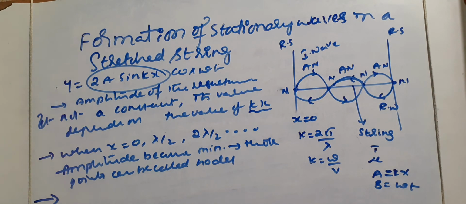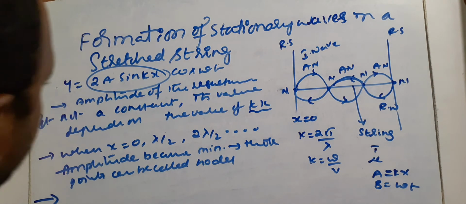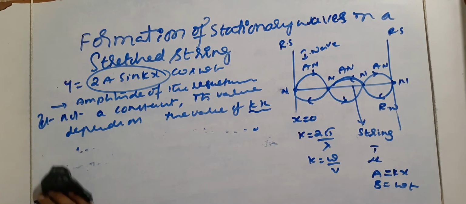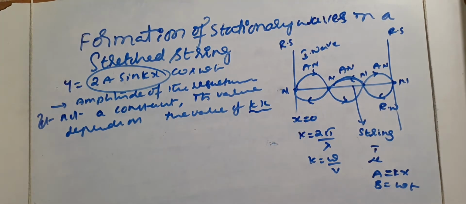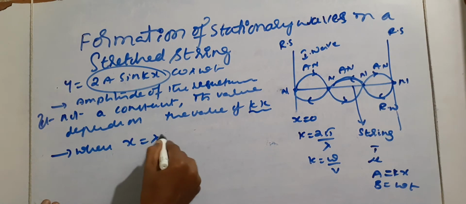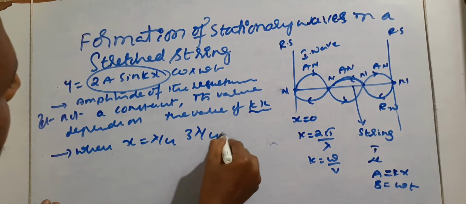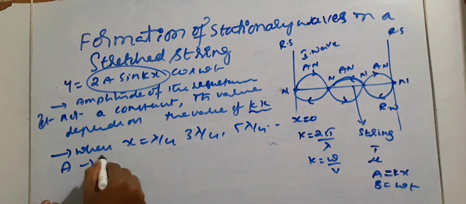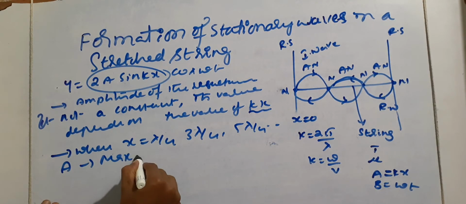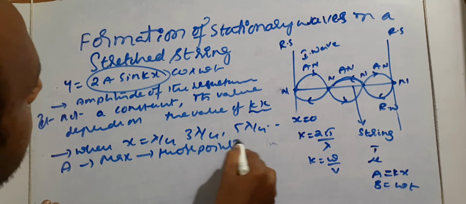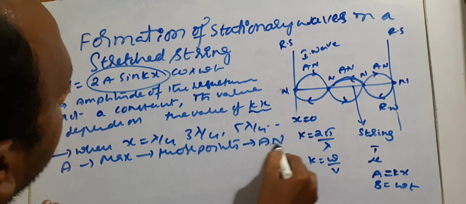So now when will the amplitude be maximum? When x is equal to lambda by 4, 3 lambda by 4, 5 lambda by 4, etc., the amplitude becomes maximum, and those points are called antinodes.